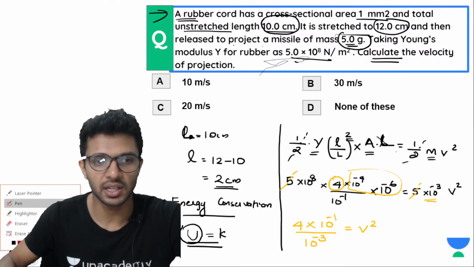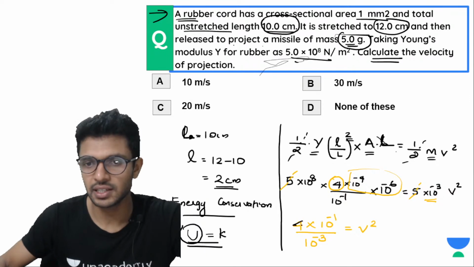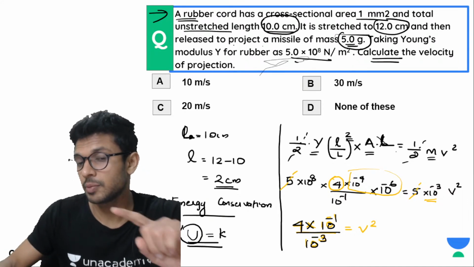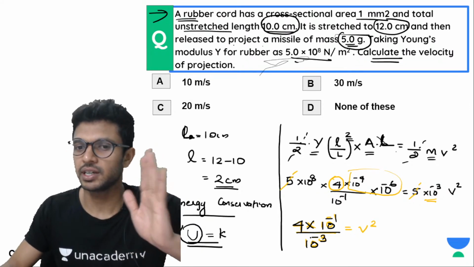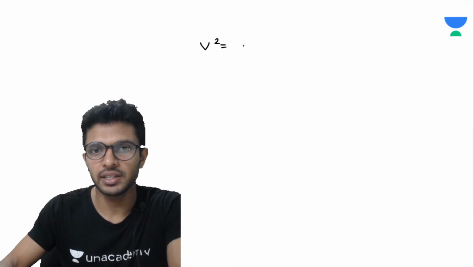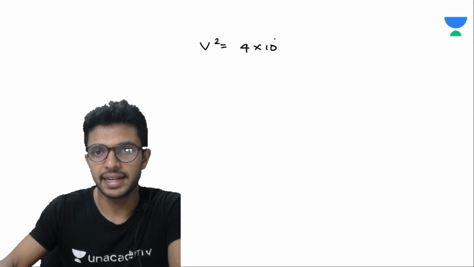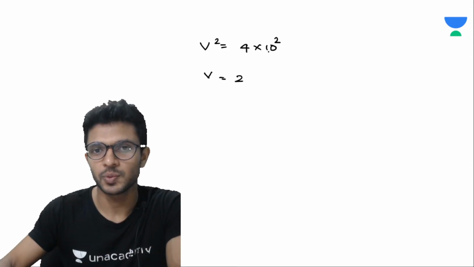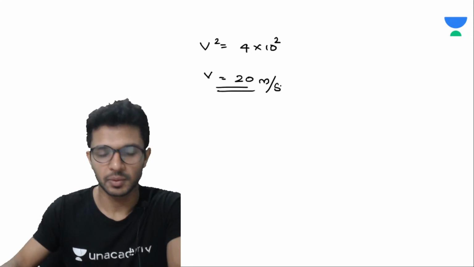Okay, let me write it with another color so that you all can see. 4 into 10 power minus 1 the whole by 10 power minus 3. How much will it be? 10 power minus 3 goes up, 10 power plus 3 into 10 power minus 1 is 10 square. So writing in the next page, v square is 4 into 10 square. So take the square root of v square, root of 4 is 2, root of 10 square is 10. We got our answer.